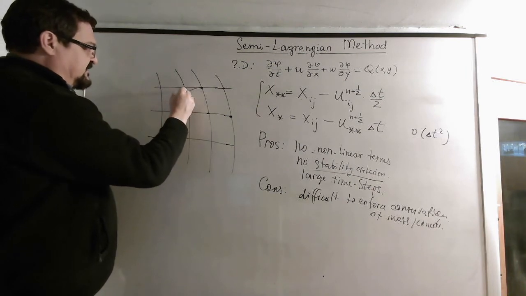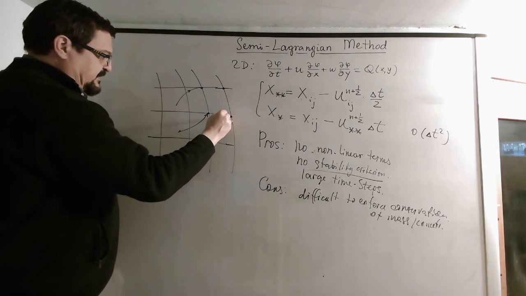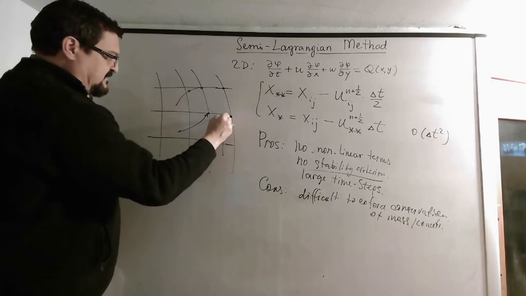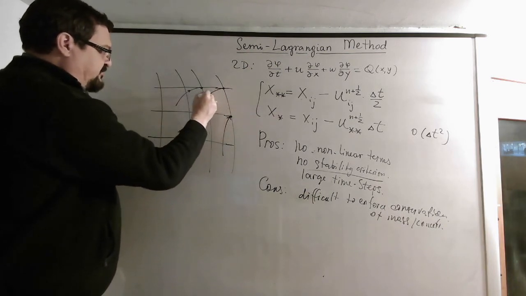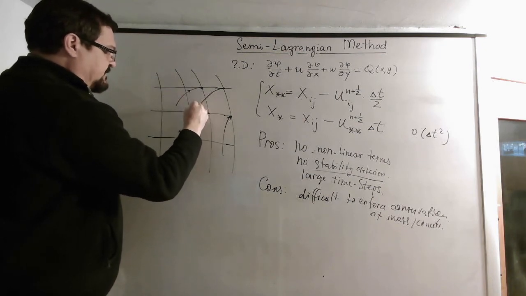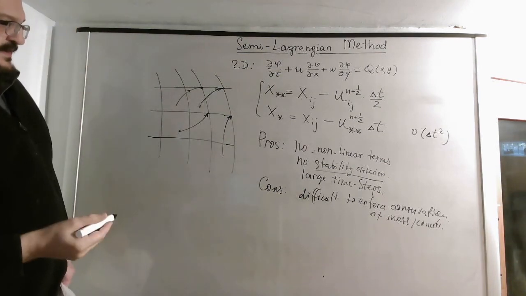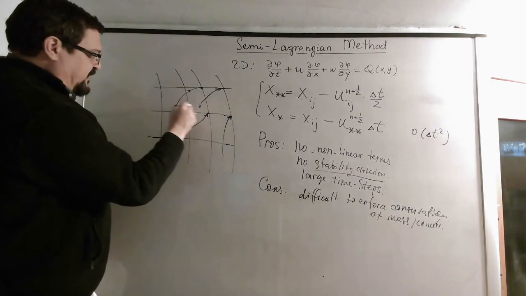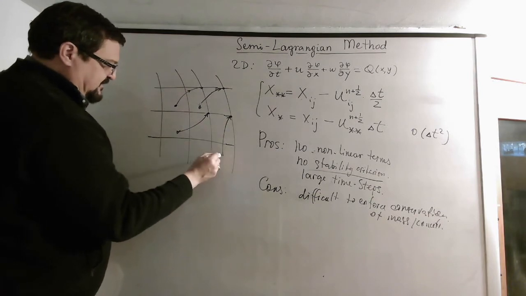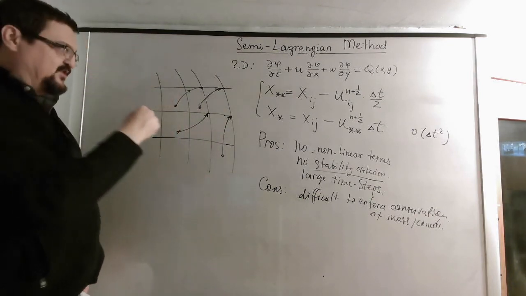Let's say here. This came from here, this one maybe from here, and this one also came from here. So now this is your cell that was delta t ago.